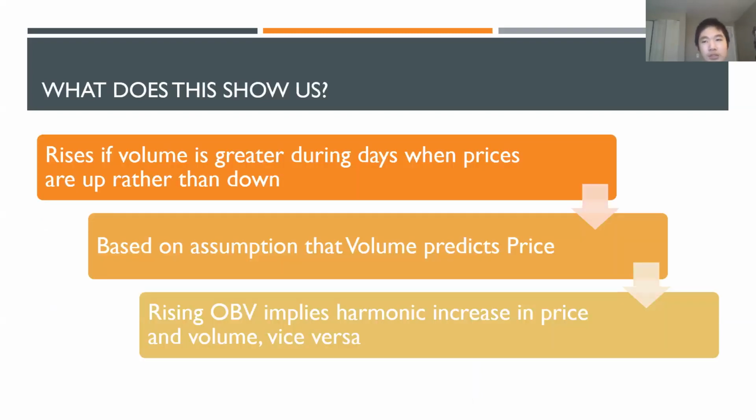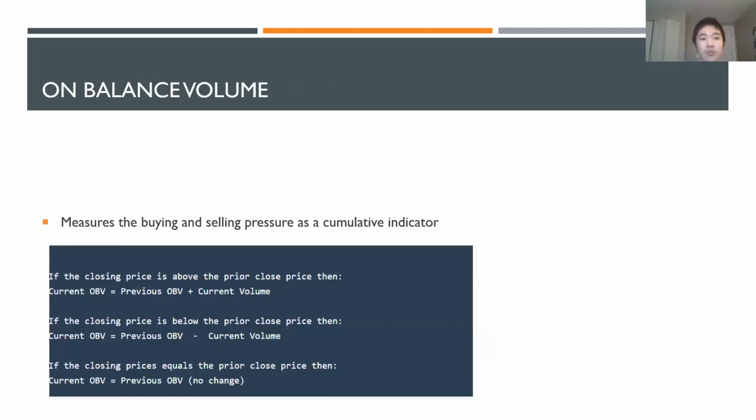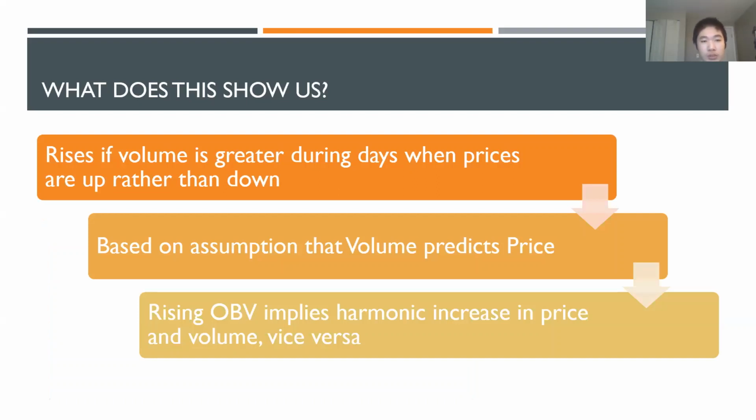So what does this show us? What this indicator shows us is that the value will rise if volume is greater during days when prices are up rather than down, which completely makes sense because if the closing price is above the previous closing price, then you would add the current volume, which shows that the value will rise.